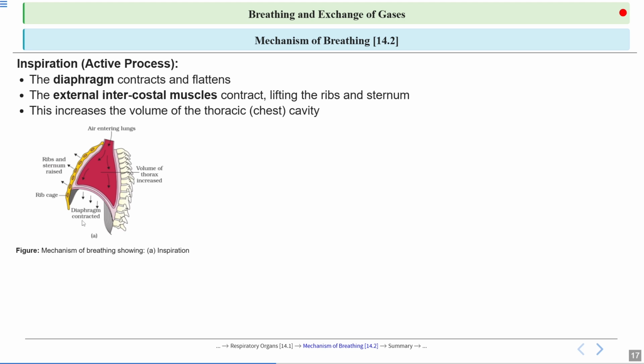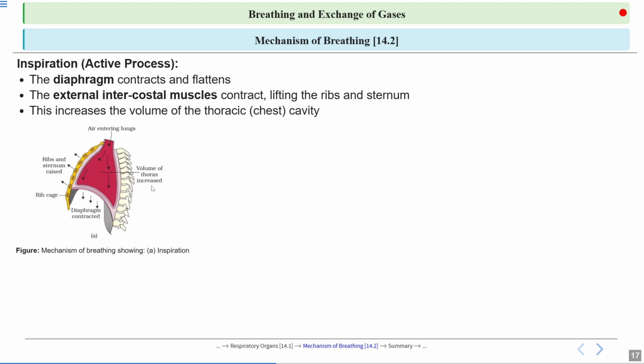Here the diaphragm is contracting. Then you can see the ribs and sternum are raised, they are lifted because the external intercostal muscles contract. Because of this, the volume of the chest cavity, or the thoracic cavity, increases.